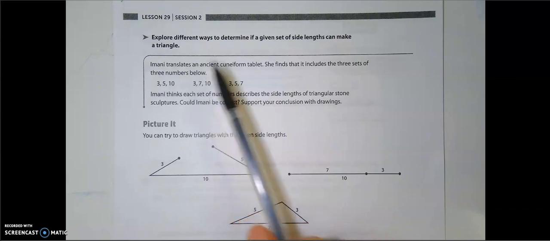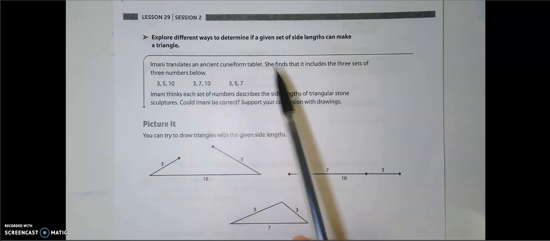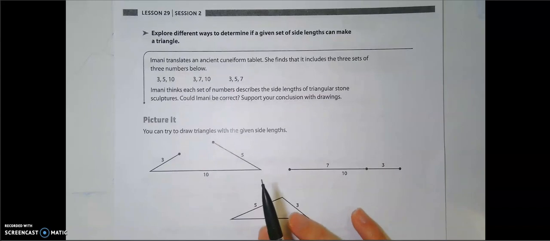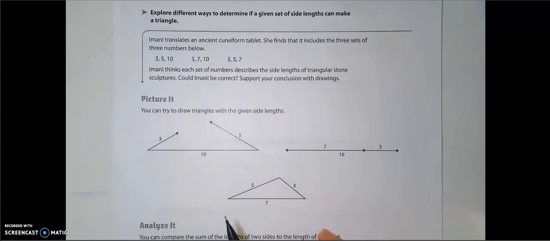So the problem we had was that Imani translated an ancient cuneiform tablet that she found. She thinks the 3 sets below describe side lengths of triangles or triangular stone sculptures. So this was the one that started getting us very frustrated when we were practicing, because 2 of them, you kept trying but couldn't make them connect. And so here are examples.